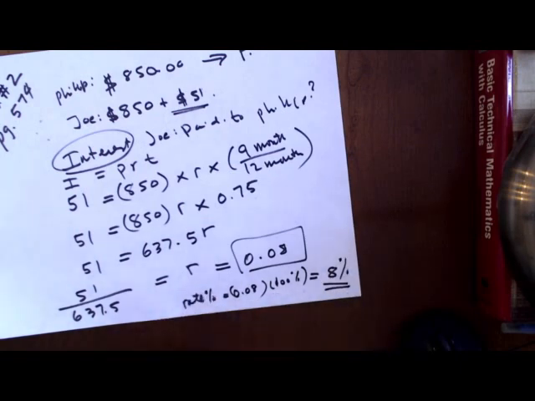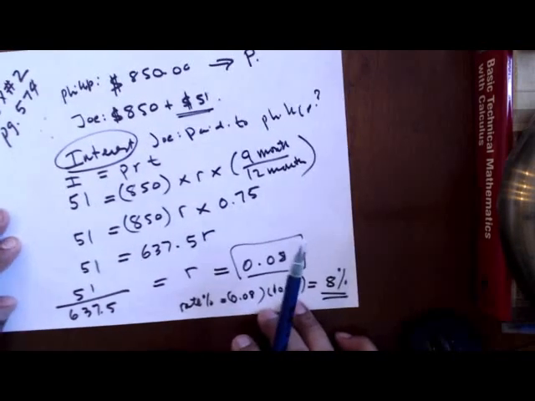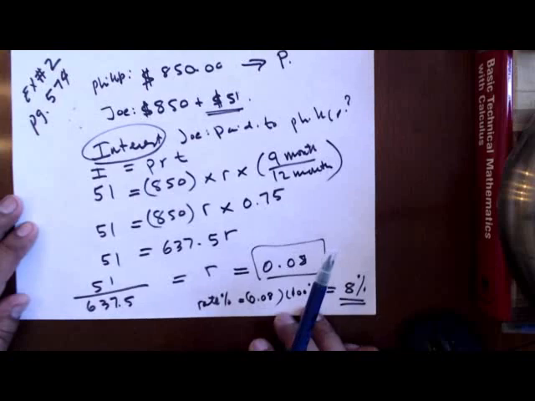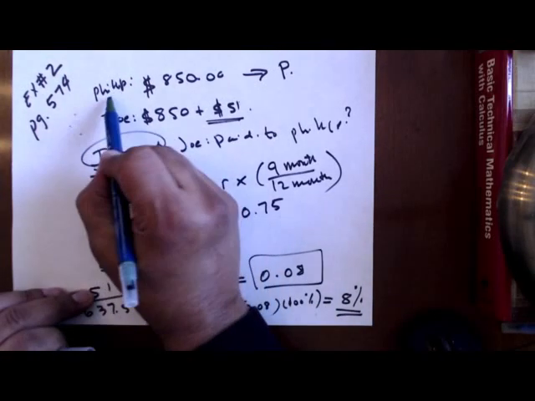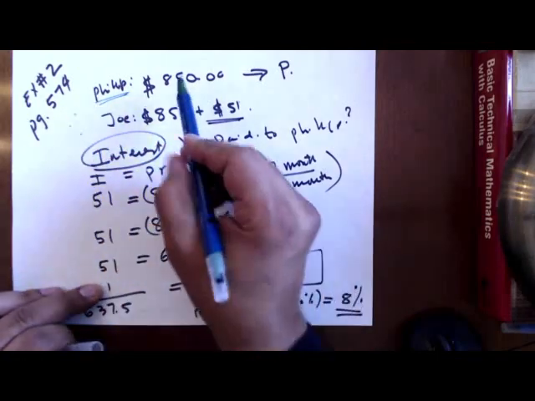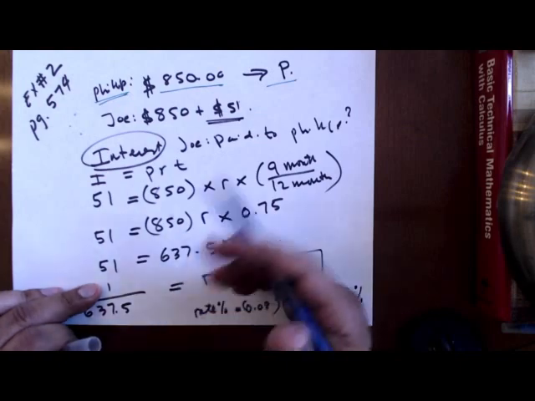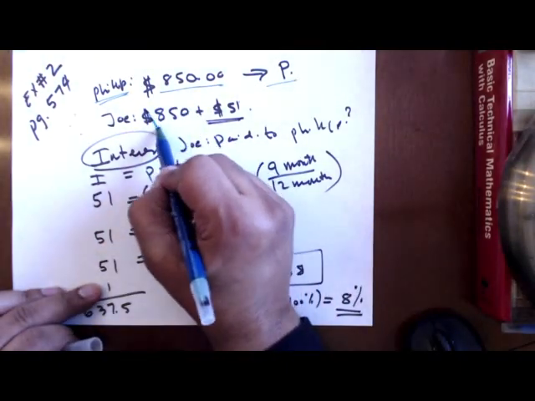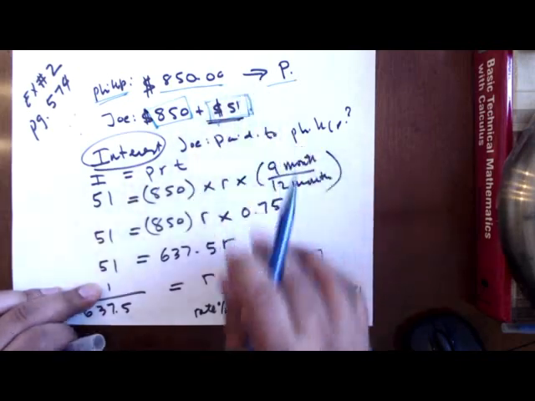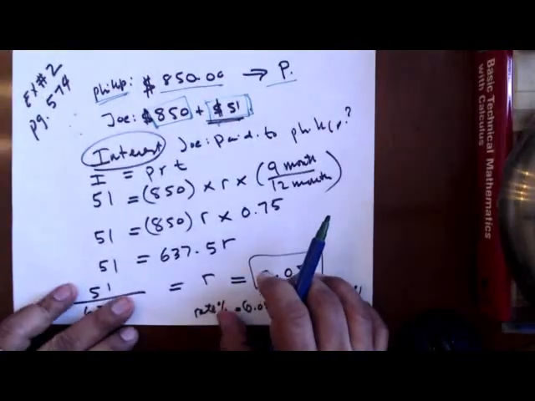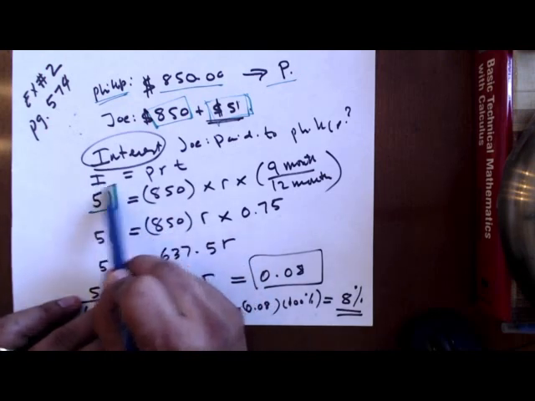So let's review this problem again. Here they're telling us that Philip lent his friend $850. That's the principal. Now Joe, after 9 months, repaid the amount, but rewarded his friend with $51. So if we work the problem backwards, this is the money that he received in interest, the $51.